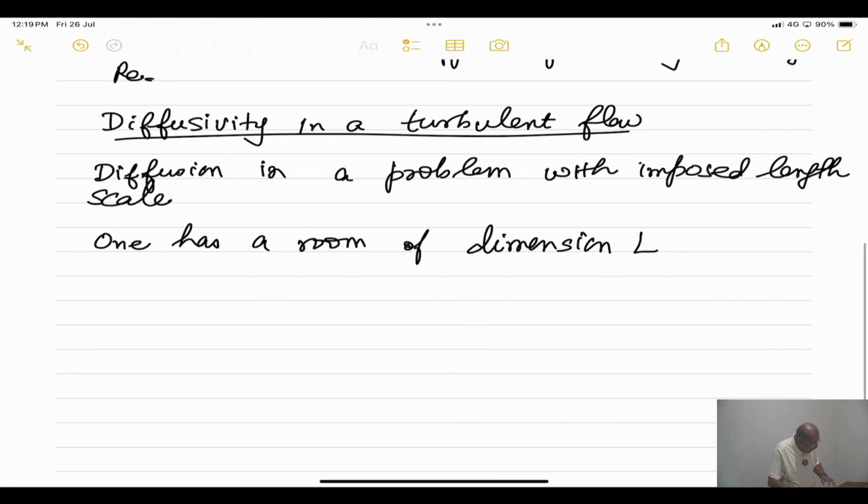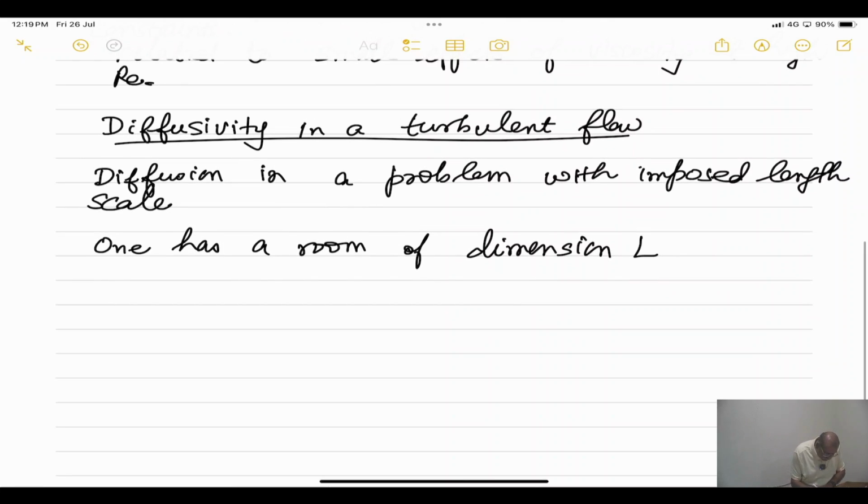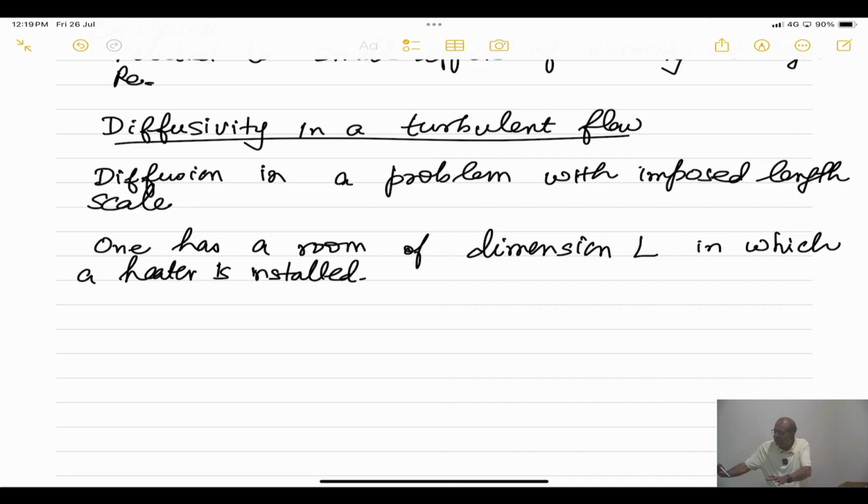In this room, we install a heater. We just keep a heater, there is no movement, nobody is there in the room. So, there is no velocity being caused by movement of anything else, just the heater has been put.